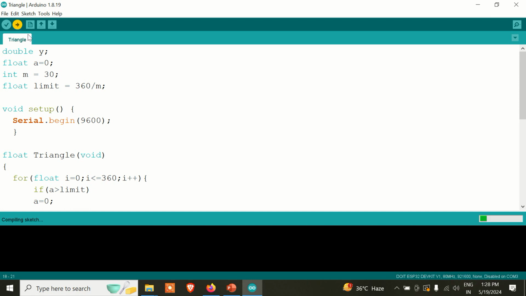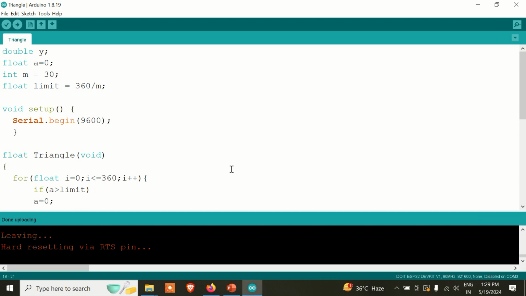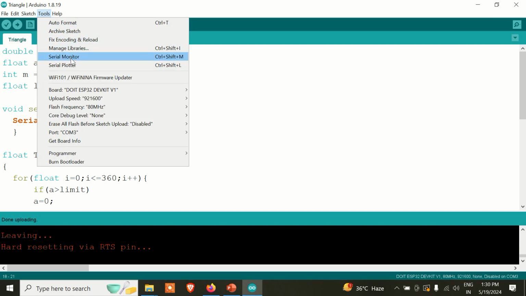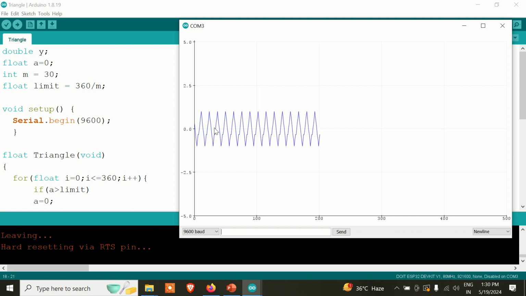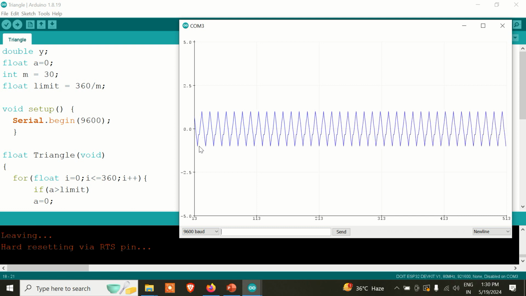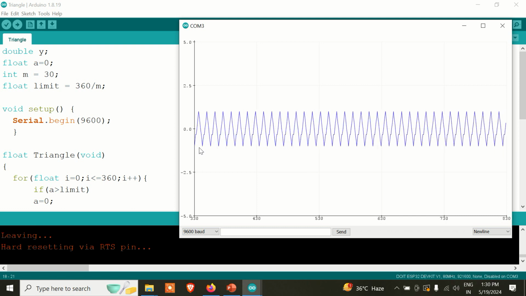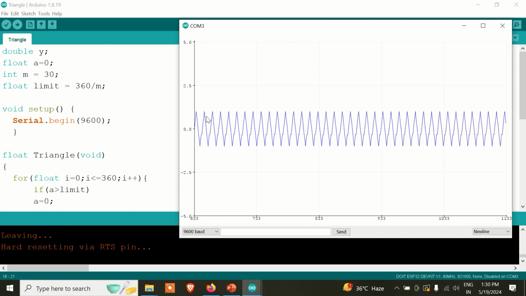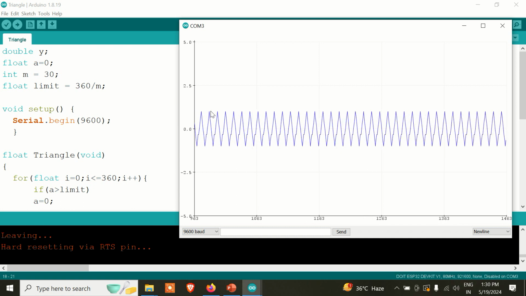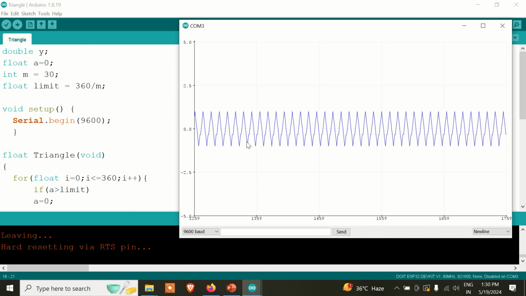Let's see the waveform. Program is loaded. If you see the shape of the waveform, it's incrementing from minus to plus and decrementing plus to minus.